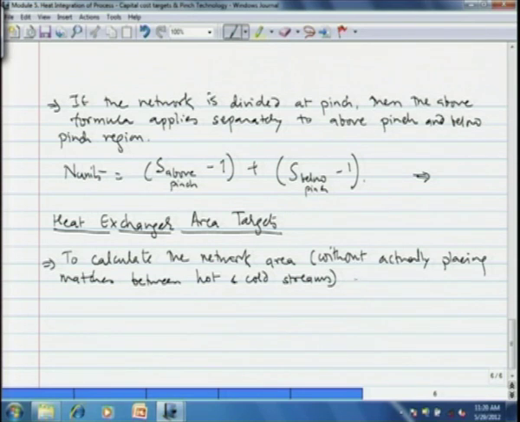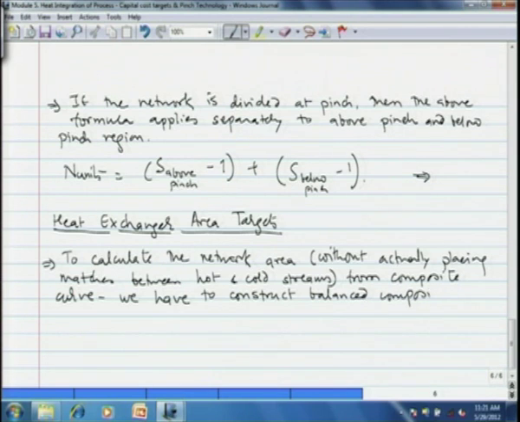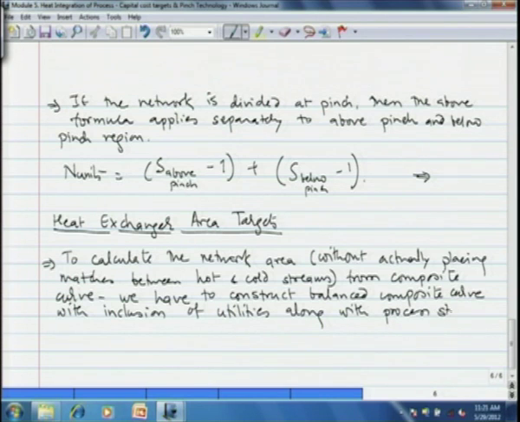So, to calculate the network area from composite curves, we have to construct balanced composite curves with inclusion of utilities along with the process streams to obtain the balanced composite curve.